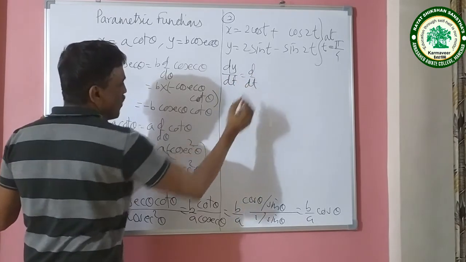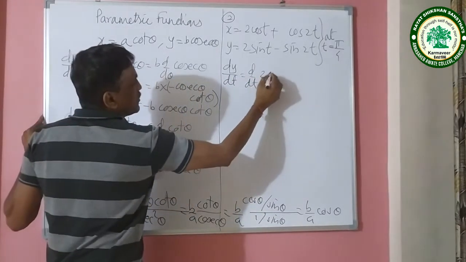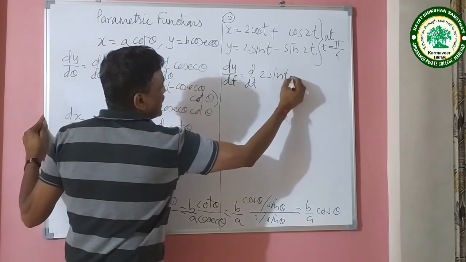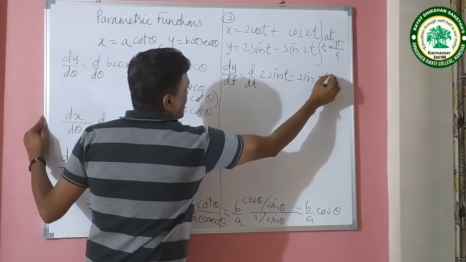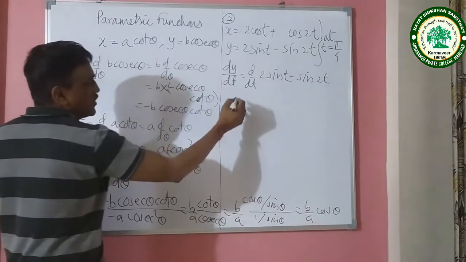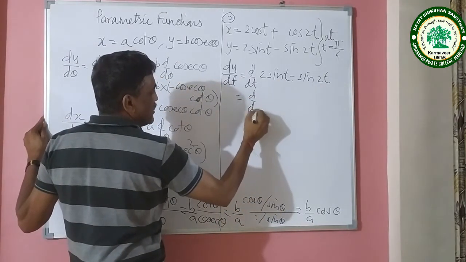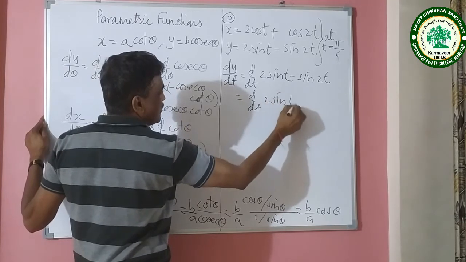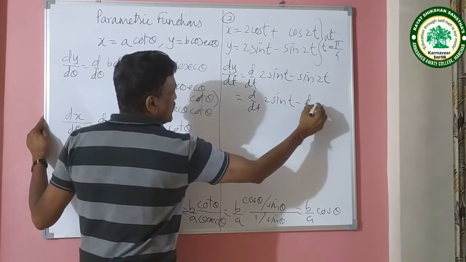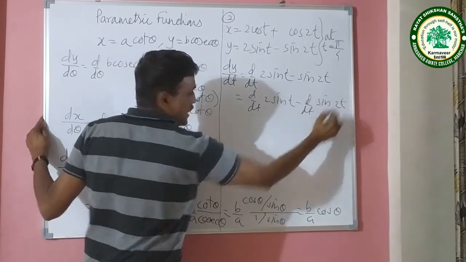D by dt of y. What is y? 2 sin t minus sin 2t. So derivative of subtraction, separate it. D by dt of 2 sin t minus d by dt of sin 2t.